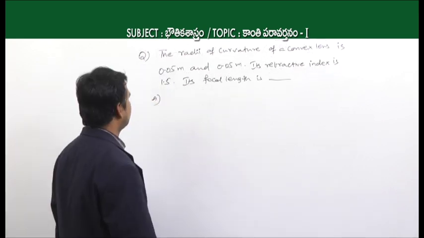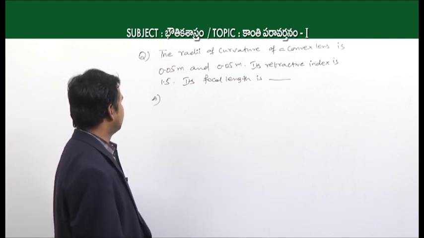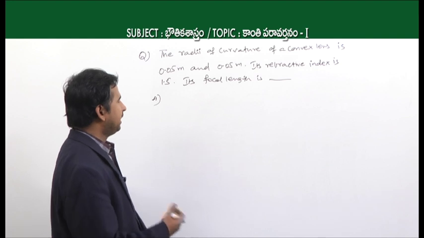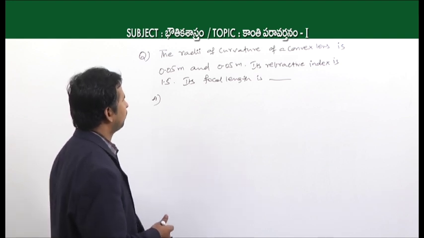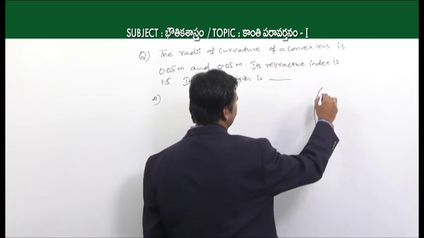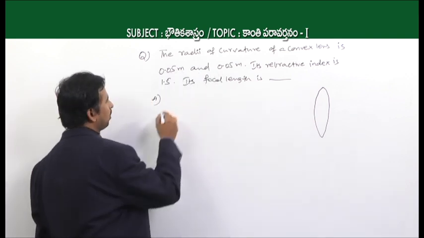Here we have one more question. The radius of curvature of a convex lens is 0.05 meters, and the other one is also 0.05 meters, and its refractive index is given as 1.5. We have to find its focal length. This is a double convex lens.